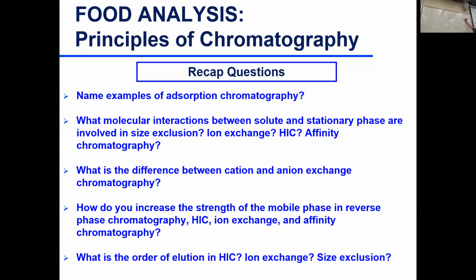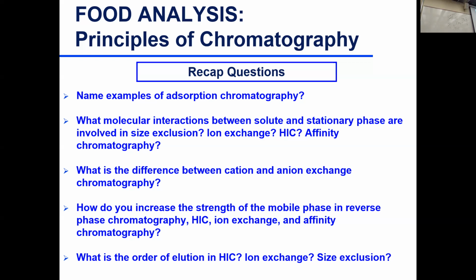Then your compound of interest, let's say antibodies, are going to very specifically bind to this ligand. You can increase the ligand concentration in your mobile phase. So you have more ligands, and these are going to start binding with the antibodies in the mobile phase and elute. Okay.